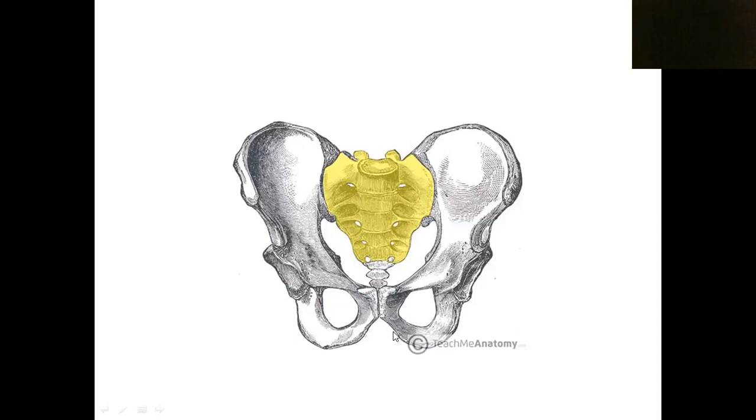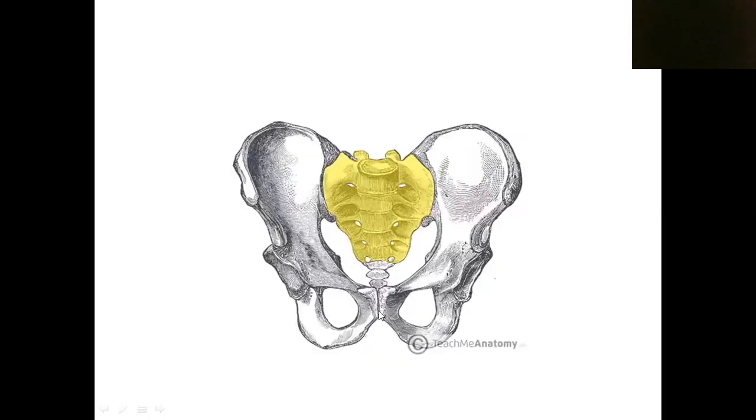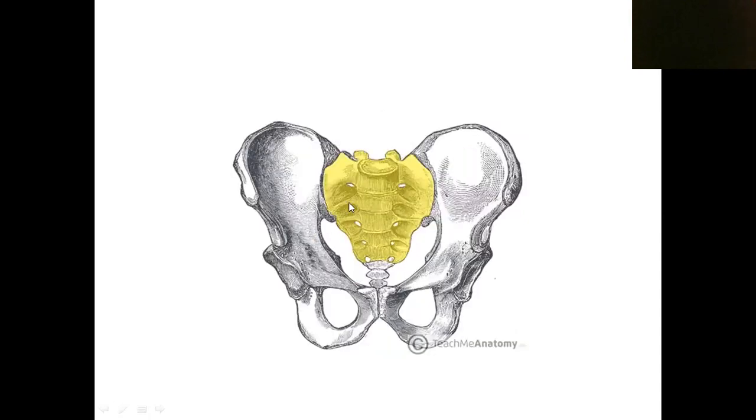It is the subpubic angle. This subpubic angle is almost 90 degrees or less in males. In females, it is more than 90 degrees.